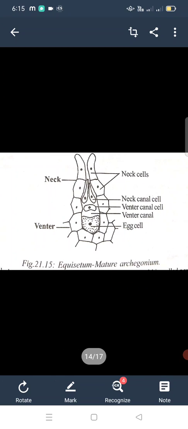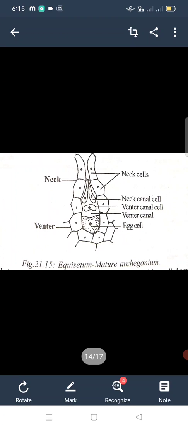Next, structure of mature gametophyte. The mature gametophyte is brownish green in color. It is found in shady, moist places. The gametophyte is dorsiventral, lying flat on the surface of the soil.